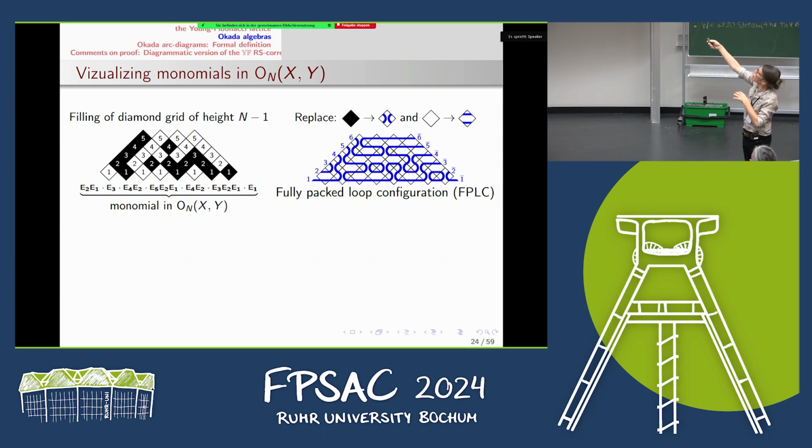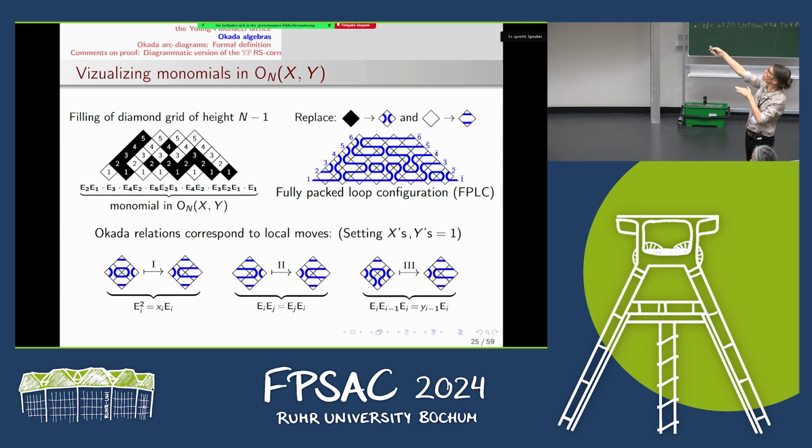In the language of loop configurations, these Okada relations are just implemented by these local moves. So, for example, the quasi-idempotency relation just corresponds to the removal of loops.